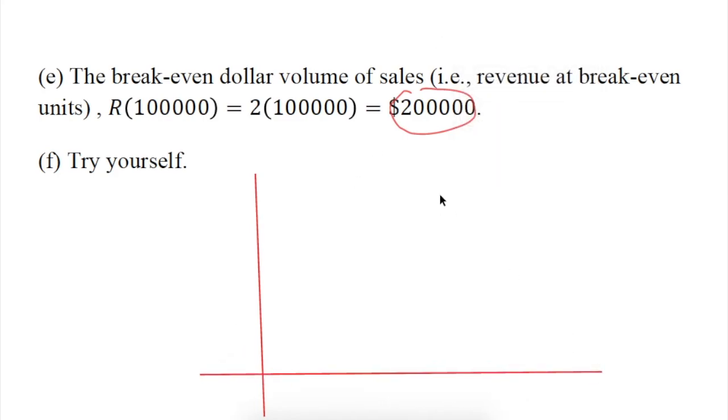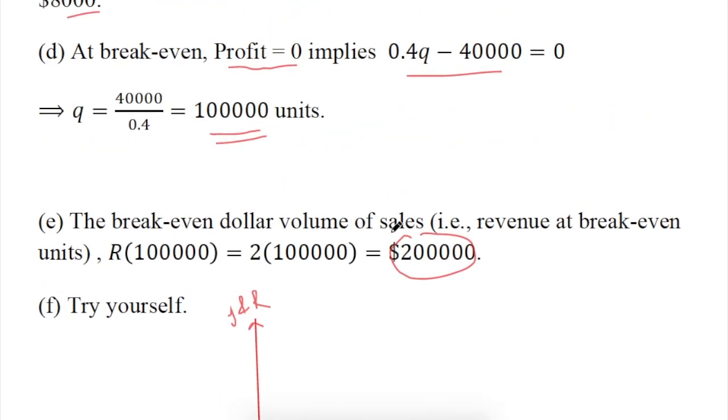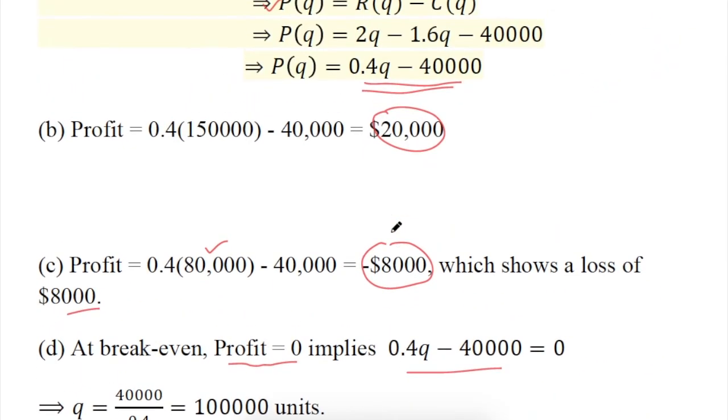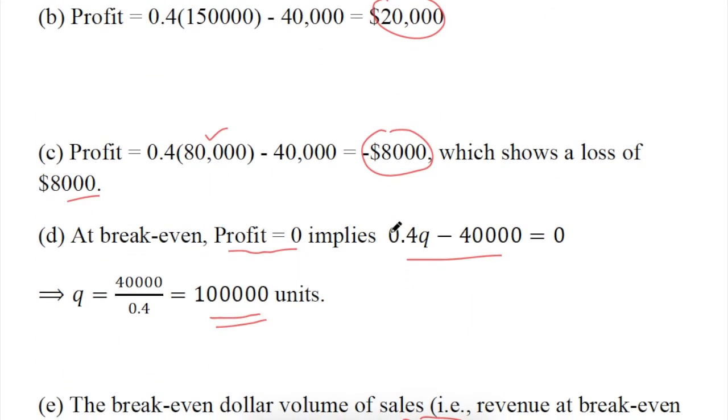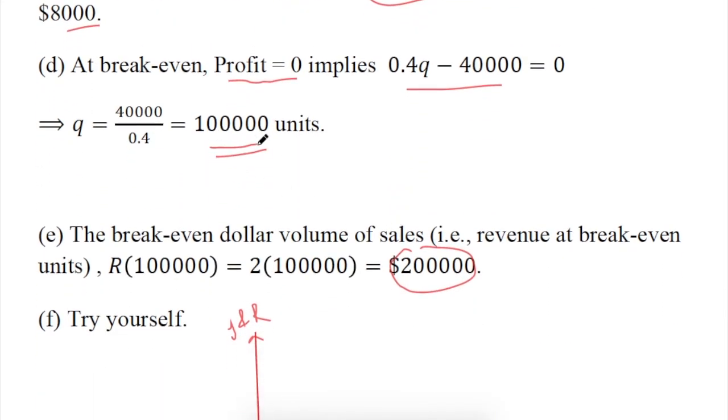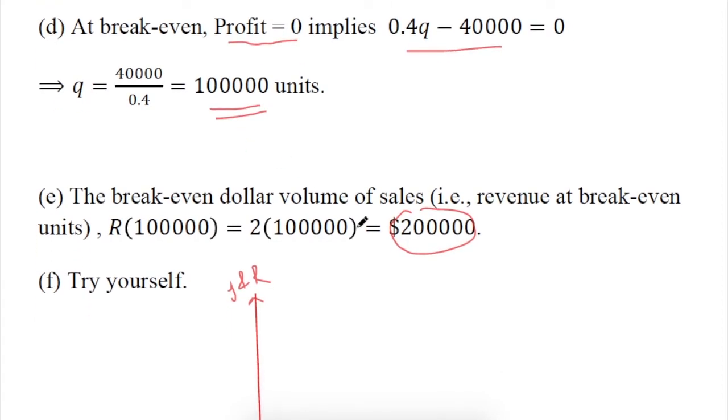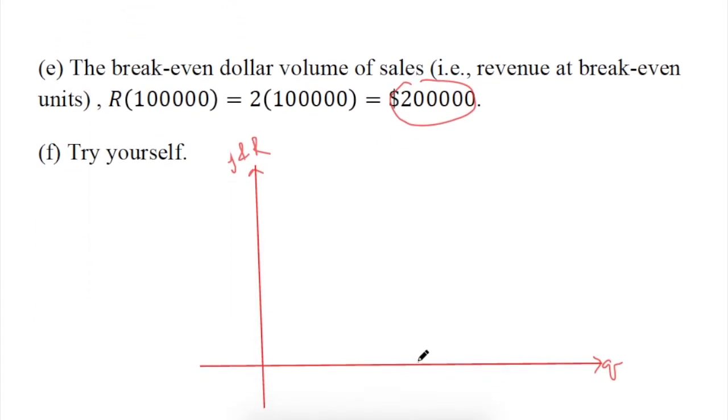Just a quick review. Let me give here the axis notation, Y as well as R, and this one will be the Q axis, since here Q is the number of units, and the break-even point is this point, 100,000 units and 2 lakhs. So let's say 100,000 units is here, and 2 lakhs is this point.